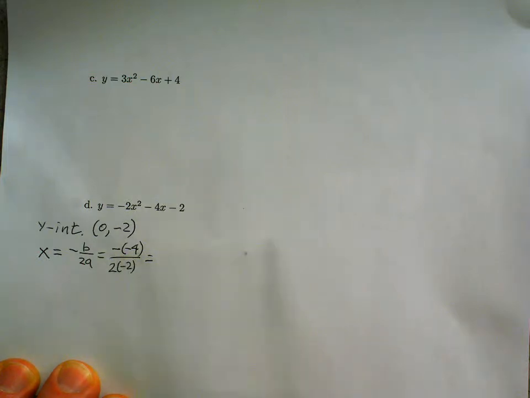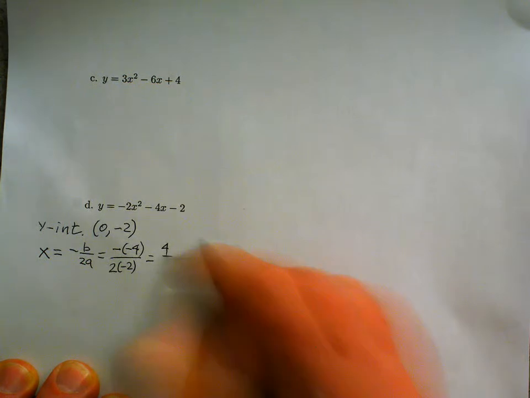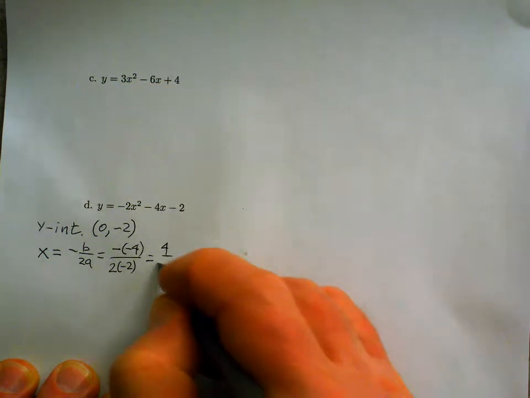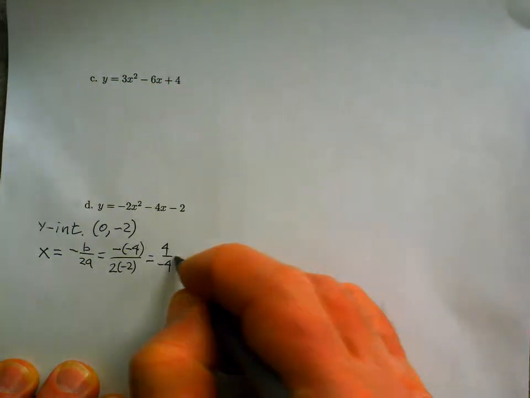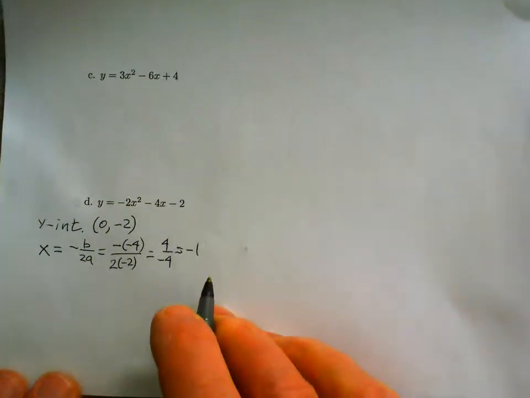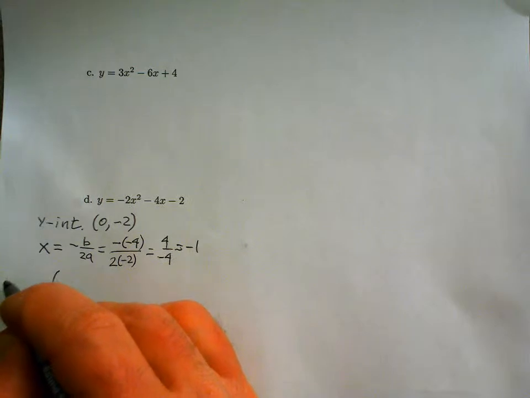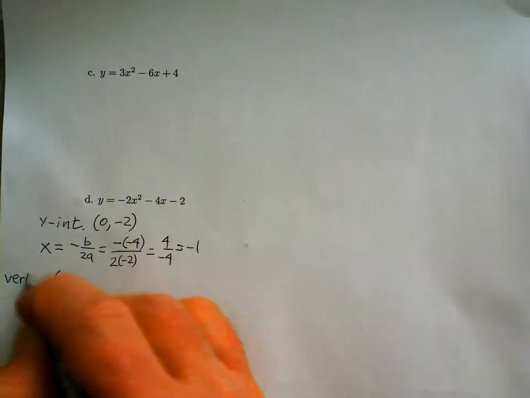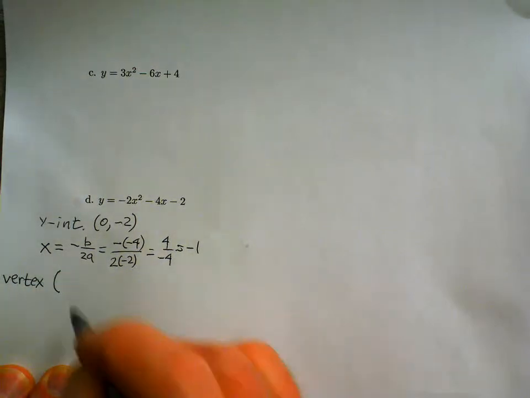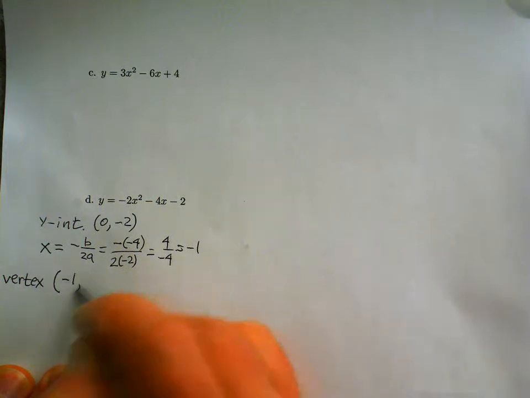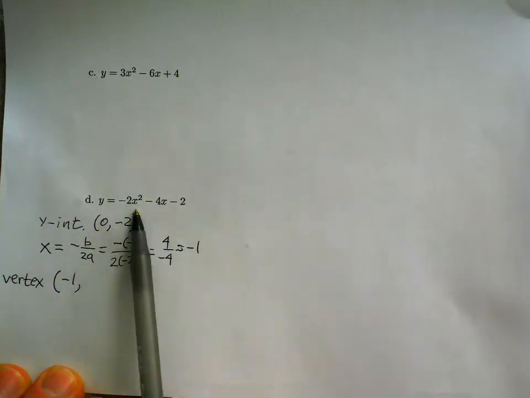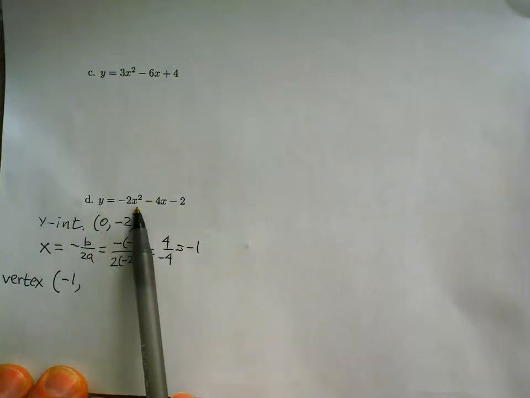The numerator is +4. The denominator is -4. So the x-coordinate of the vertex is -1.